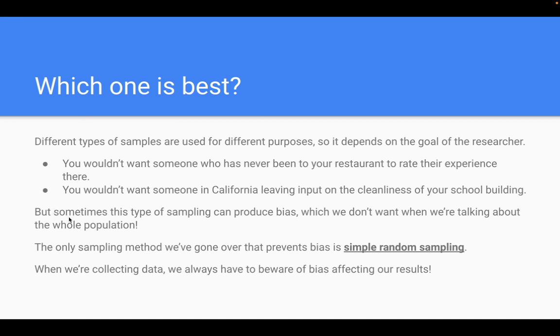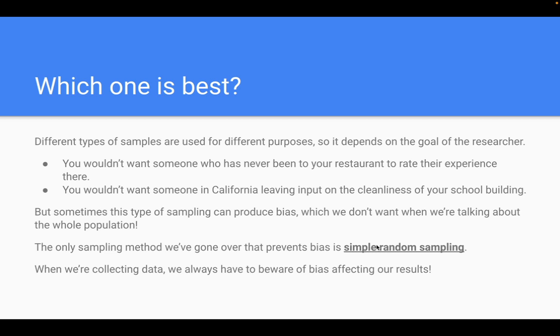But sometimes with this type of sampling, it can introduce bias, which you don't want when you're talking about a whole population. So the only sampling method that we've gone through so far that prevents bias is the simple random sampling.